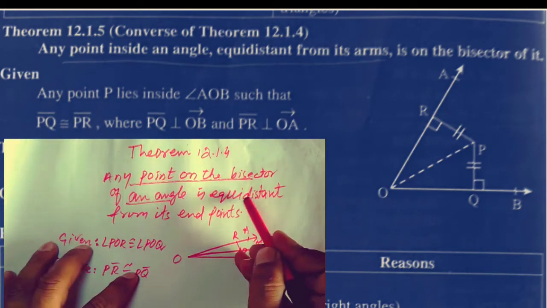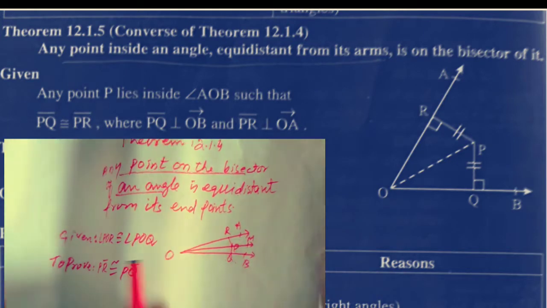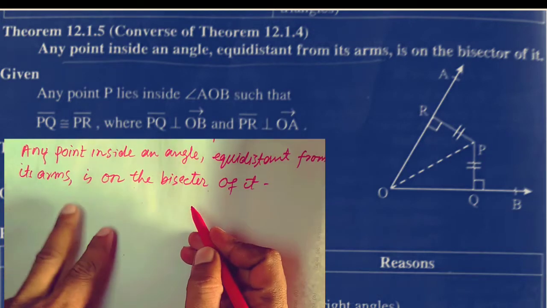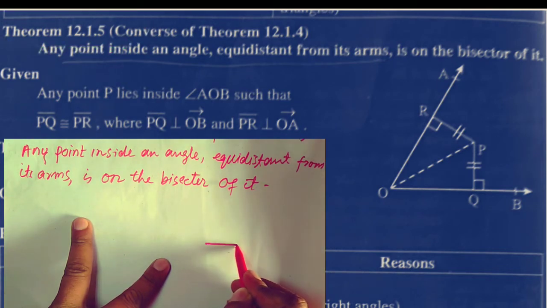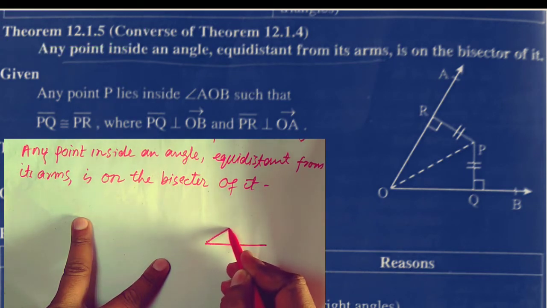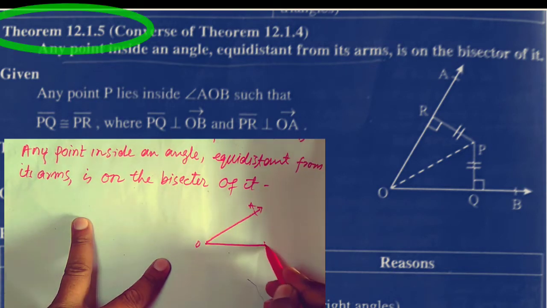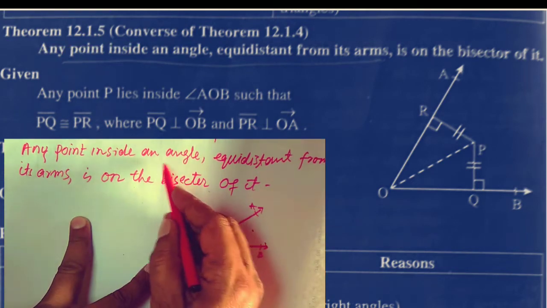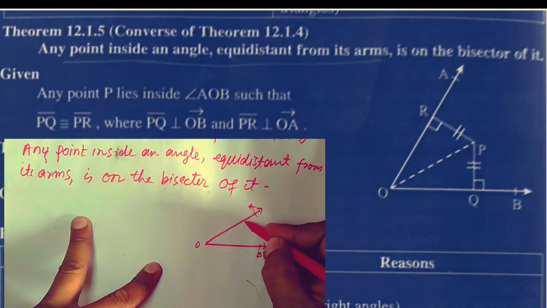Because point P is equidistant from its endpoints, its proof will be PR congruent PQ. From theorem 12.1.5, any point P inside an angle is equidistant from its arms.